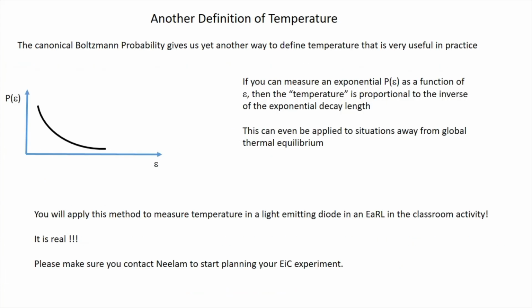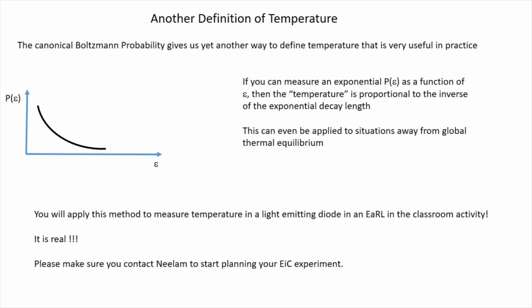So, one more thing. The Boltzmann probability actually gives us another way to think about temperature. The canonical Boltzmann probability lets us define temperature by noting that if we could measure an experimental quantity that's proportional to the probability of finding a subsystem with energy epsilon, then the temperature is the inverse decay length of that exponential.